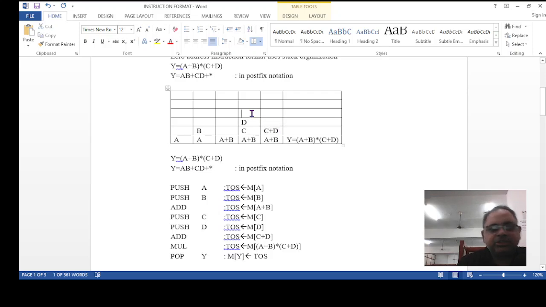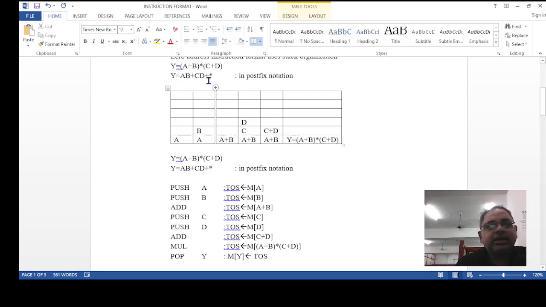It will not be stored here. This is a minute thing. C plus D will be stored here, because we do not need C and D anymore. So now we have only C plus D and A plus B in our stack. Rest everything is default values and of no use.